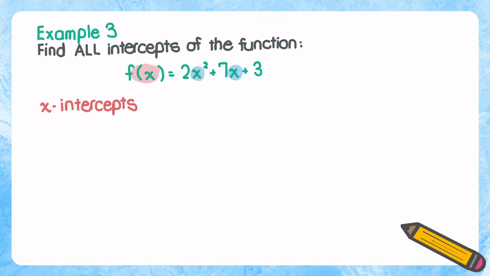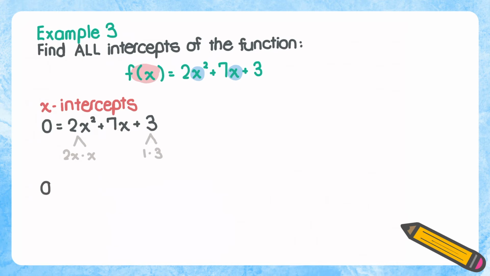So I'm going to have 0 equals 2x squared plus 7x plus 3. And we're going to factor this. 2x squared breaks down to 2x times x. And then 3 breaks down to 3 times 1, or 1 times 3, whichever way.